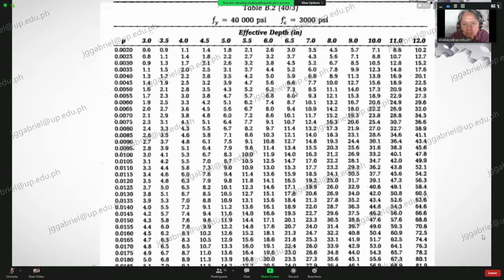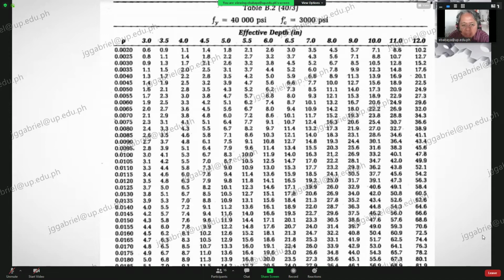Okay, what are written here are the MRs or resisting moments, which are in kip-foot. If you want, you can open your appendix, table 5B.2. In this case, it is 40 by 3. 40 means 40 ksi for your Fy, and then 3 ksi for your f'c.